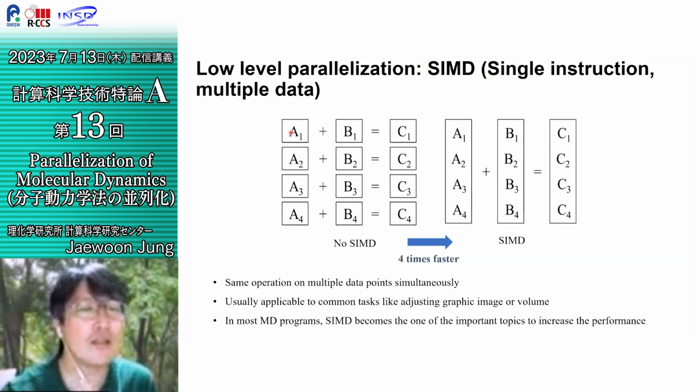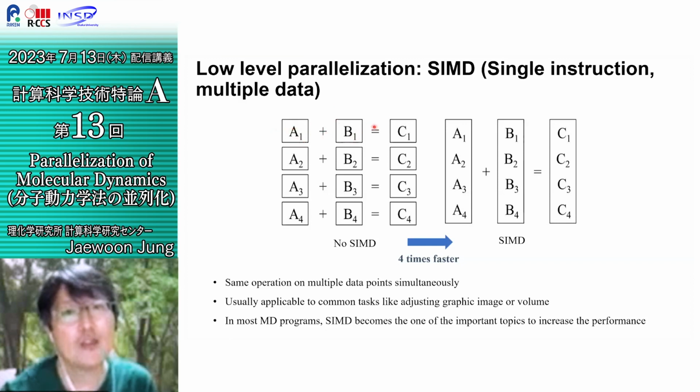Then let's consider what SIMD is. Let's consider a calculation like the sum of matrices A and B to obtain matrix C. We can calculate in this way: first, the first element of A and the first element of B are added, and we obtain the first element of C. After finishing this one, we add the second element of A and the second element of B, and we obtain the second element of C, and so on.